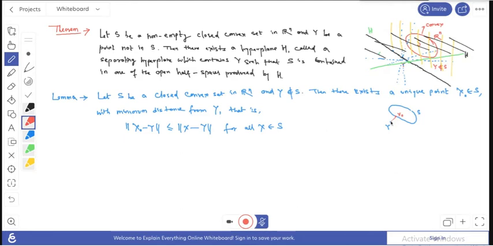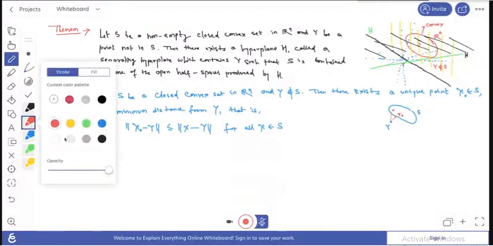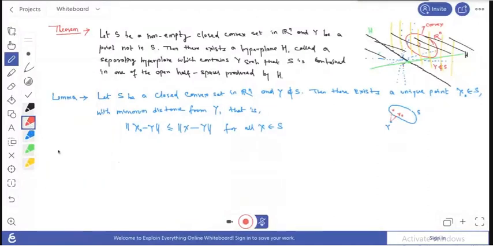If you take any x which belongs to that set S, this distance is the minimum one. So this lemma says that for this external point which does not belong to S, the distance to S is minimum at a unique point x naught that belongs to S. So you will definitely find such a point where that distance is minimum. This is a simple lemma. Then we try to prove this theorem. So, proof.